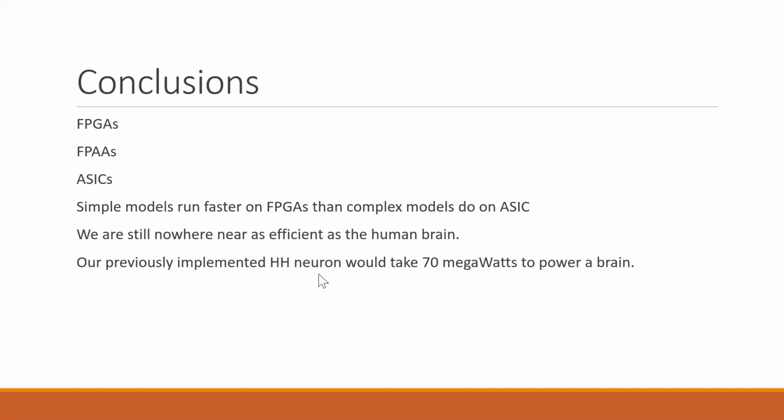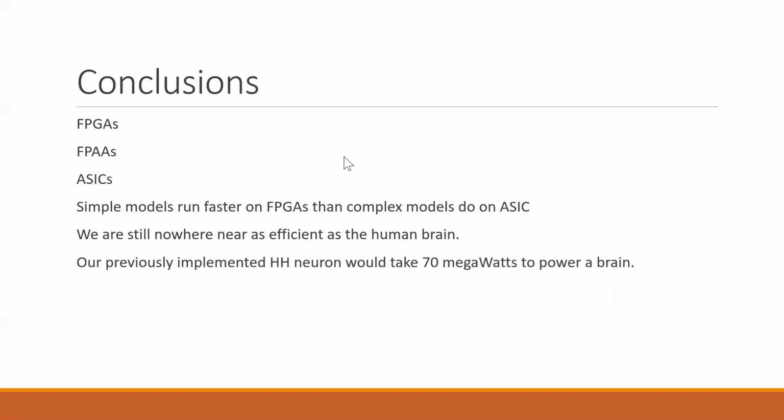One nice comparison I want to draw is that when we implement a Hodgkin-Huxley model on the FPAA, we discussed that its power consumption was 40 microwatts. Now, if the human brain has 100 billion neurons, and we scale that neuron up to the FPAA requirements, then we would actually end up with 70 megawatts of power to power the brain.